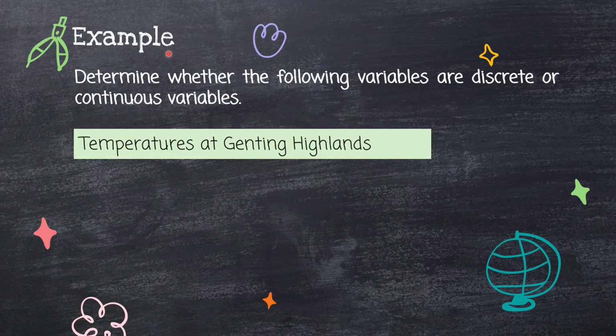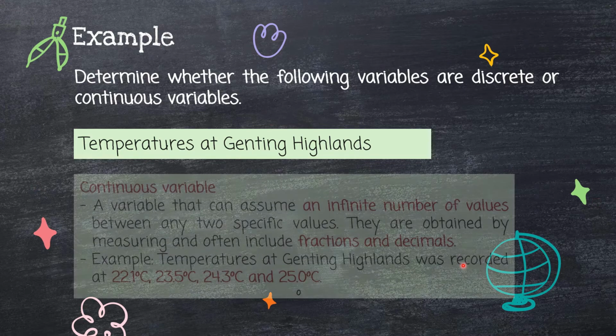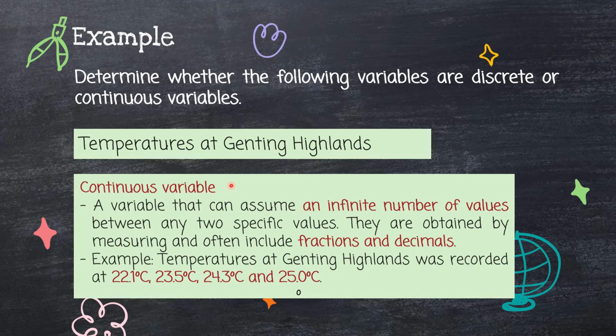Next example, determine whether the following variables are discrete or continuous variable. Temperature at Genting Highlands. So this is a continuous variable. This variable can assume an infinite number of values between any two specific values.